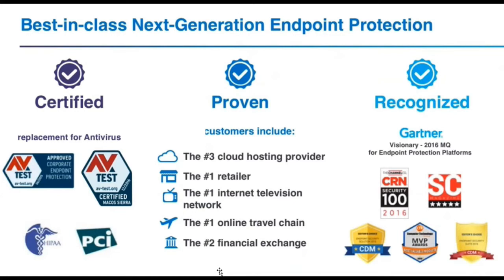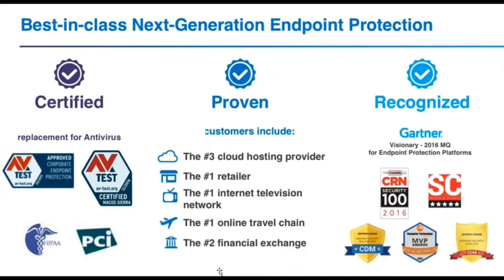They're also smart enough to recognize that nobody in this game can possibly get it right all the time. If you come in contact with anyone who says they'll stop everything all the time, they cannot. Today's cyber criminal will inevitably find their way around defenses you put in place.